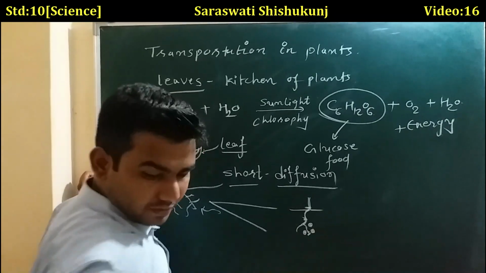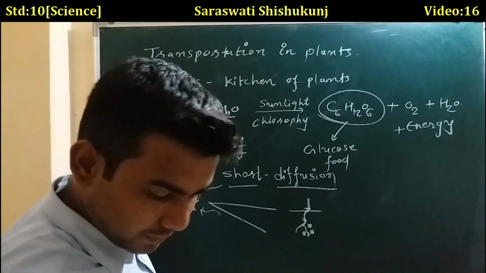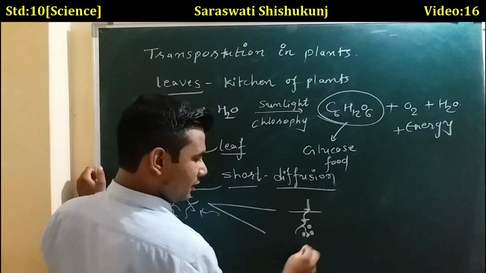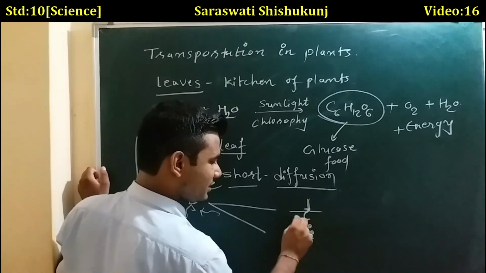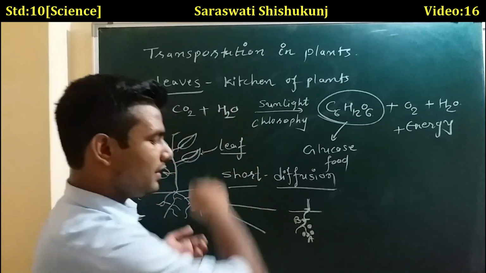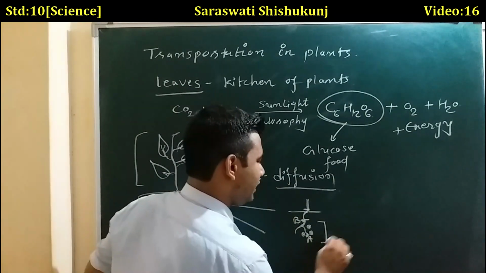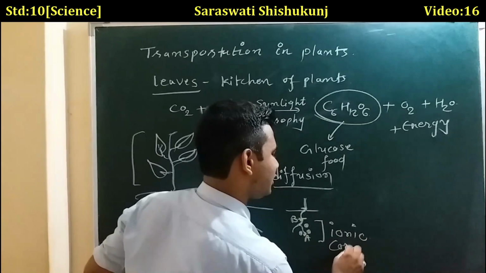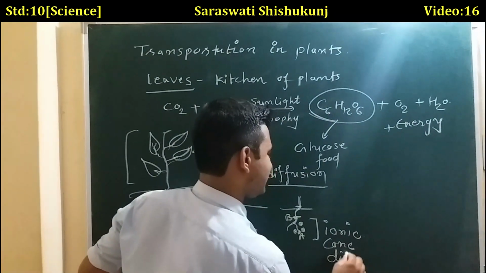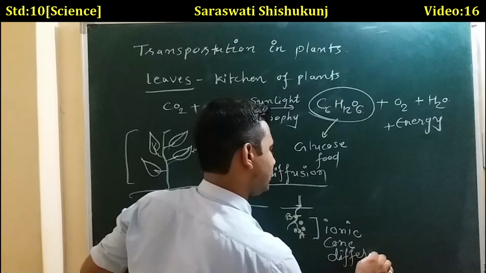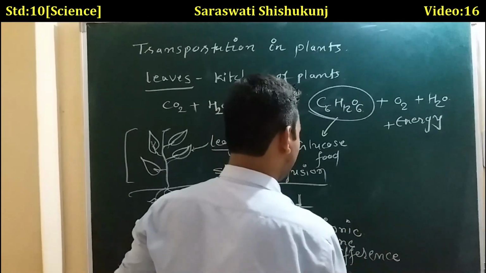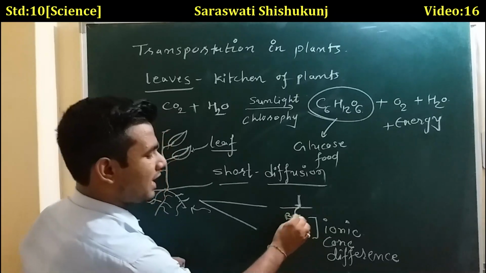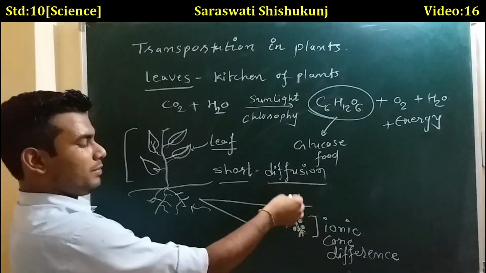If we take two different points, suppose we consider them as A and B, between these two points there will be an ionic concentration difference, and due to this difference, water will rush from point A to point B.